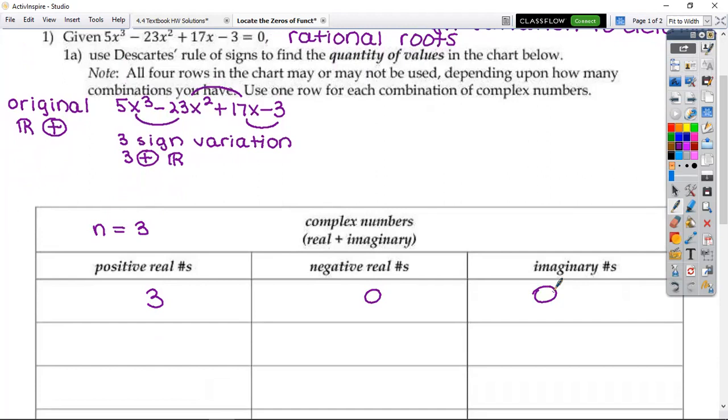When you make that list of possible rational roots, when I have to even consider the negatives, no, they're not going to work. So the next case you can have here is what you do with your positive real rational roots is you immediately subtract an even integer off of this. You're going to go minus 2. So that means that I could also have 1 positive real rational root. That is very wordy, I'm sorry. I could also have 1.